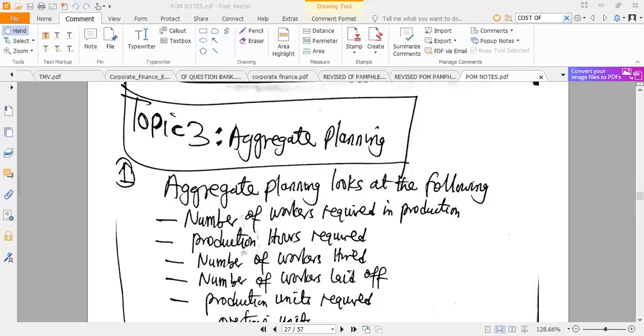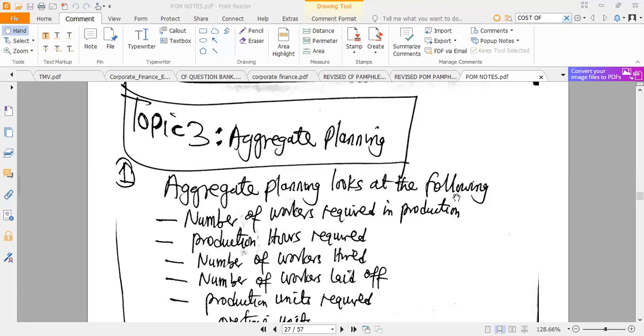Topic in production and operation management called aggregate planning. Now, this aggregate planning is used in day-to-day activities, especially for those who are in production.